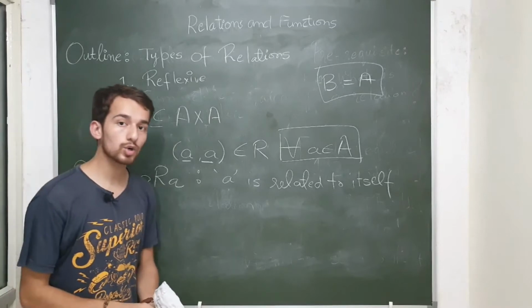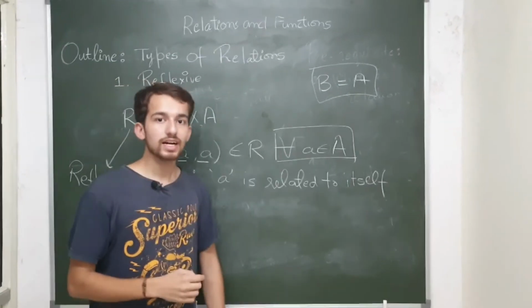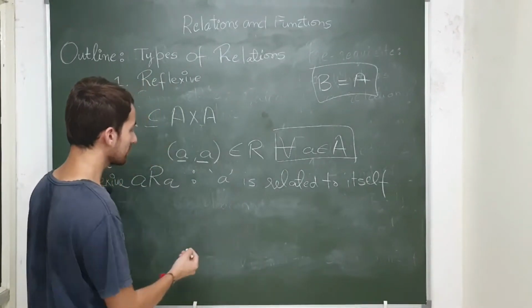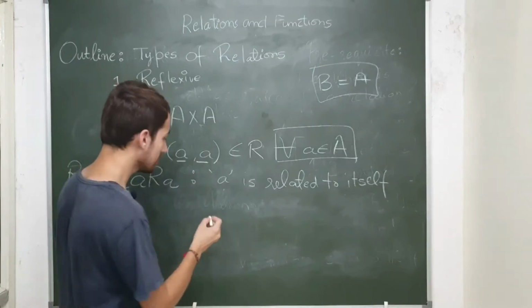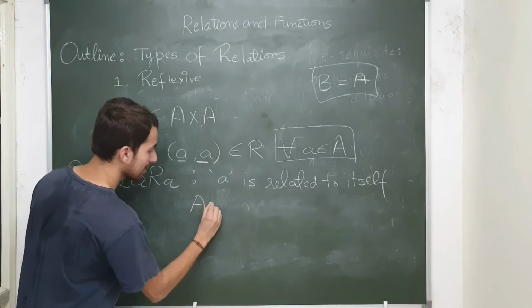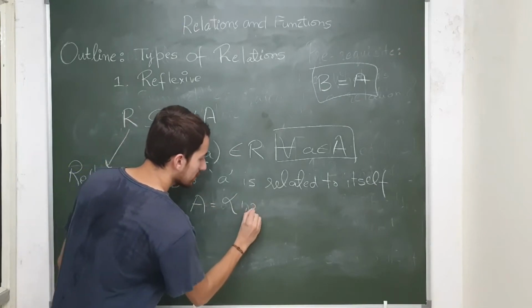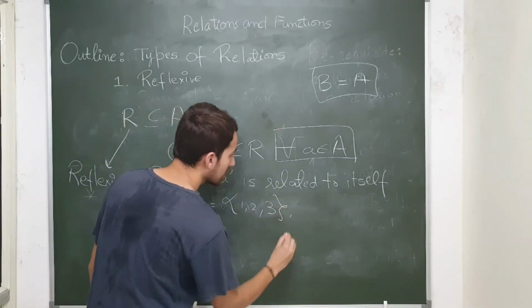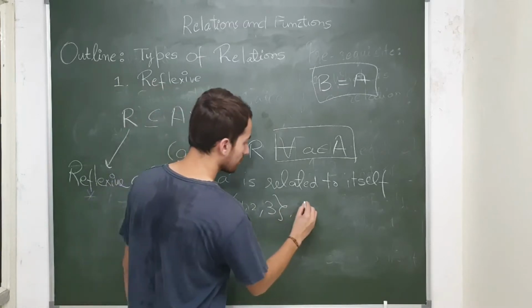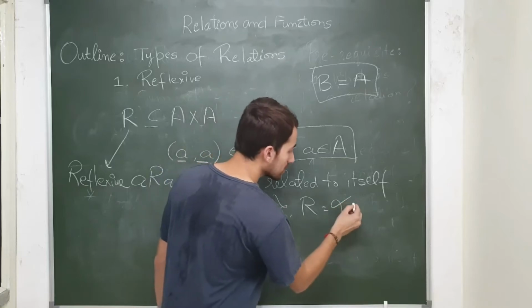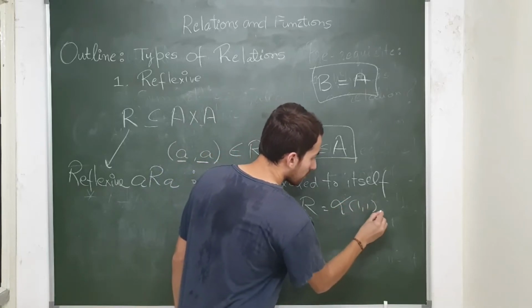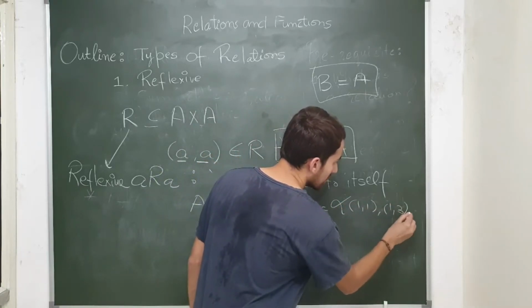Let's take an example to get more clarity on this. Suppose we are given a set A consisting of the three elements 1, 2 and 3, and we are given the relation R, and suppose it has the ordered pairs (1, 1), (1, 3), (2, 3).